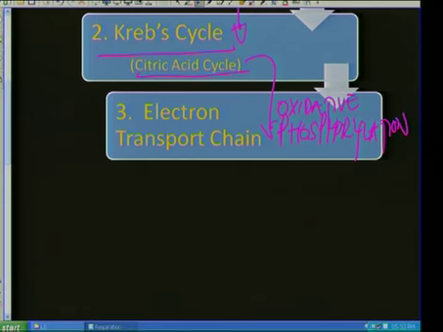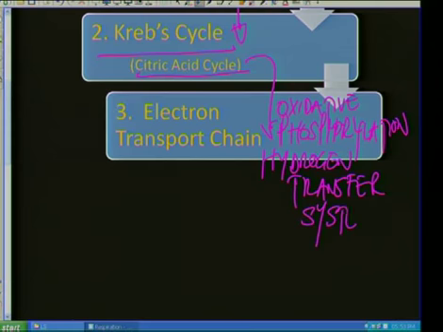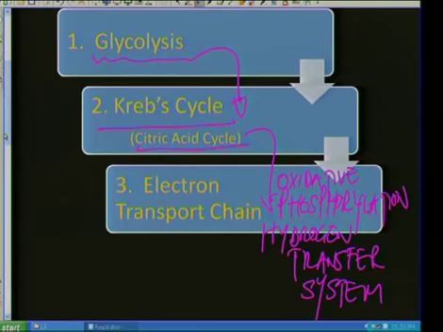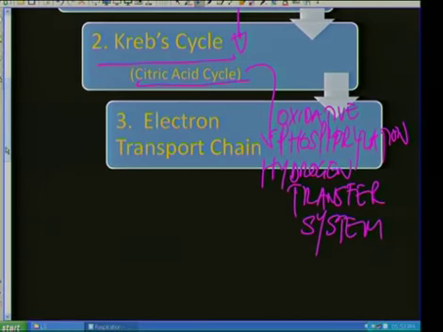Others may even call it the hydrogen transfer system. So those are the three areas: glycolysis, Krebs cycle, and the oxidative phosphorylation or electron transport or hydrogen transfer system.